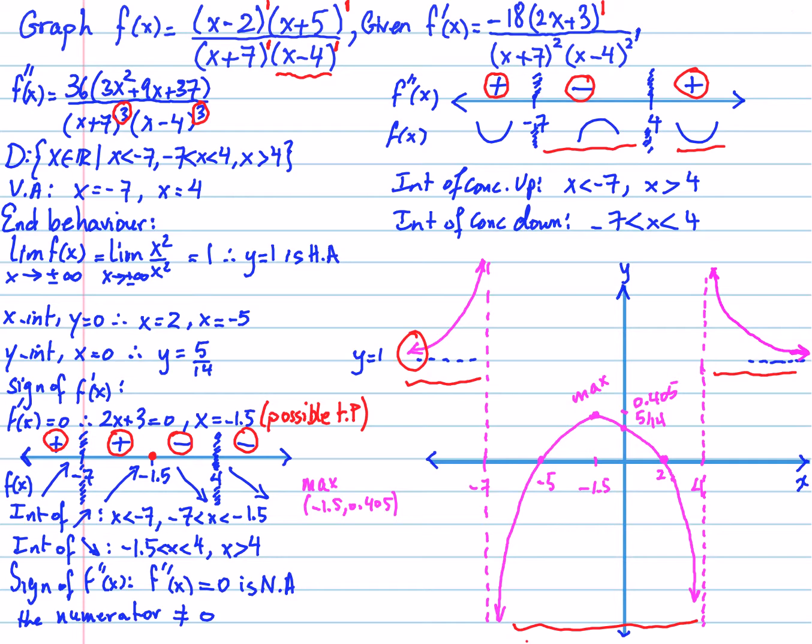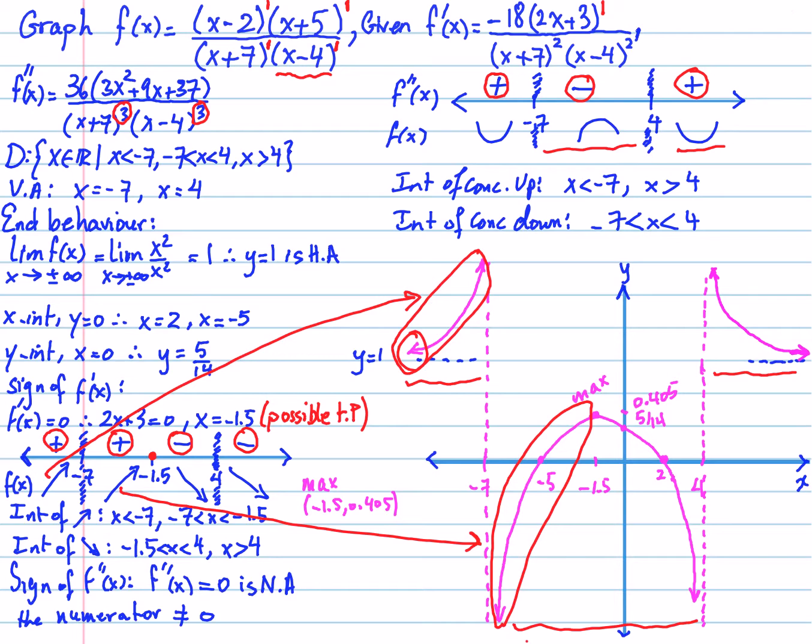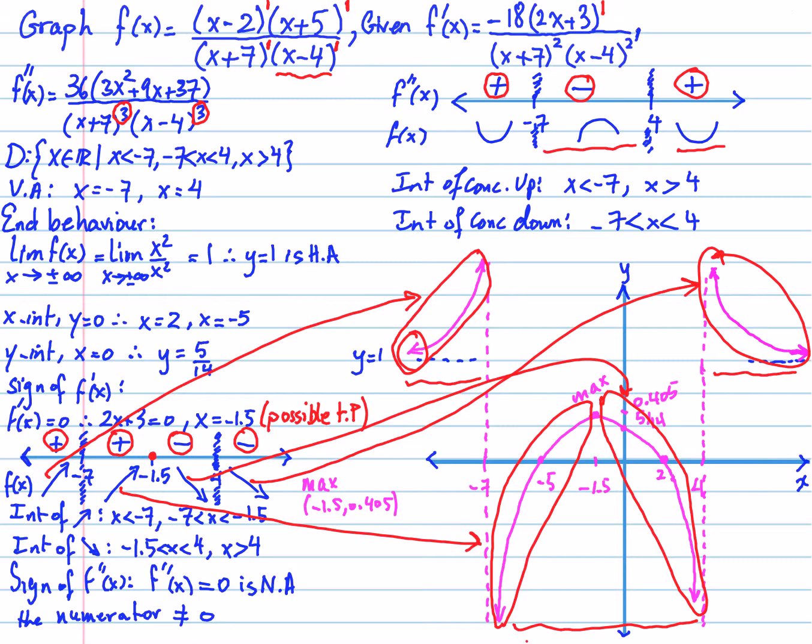Notice the increase before -7, the increase between -7 and -1.5, the decrease between -1.5 and 4, and the final decrease for x greater than 4.